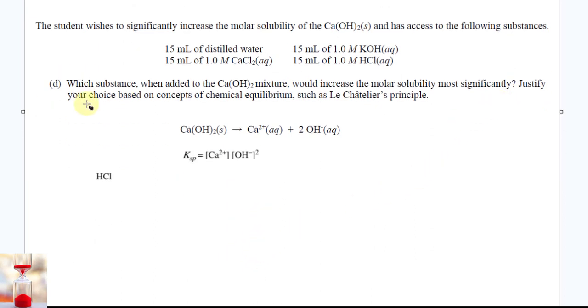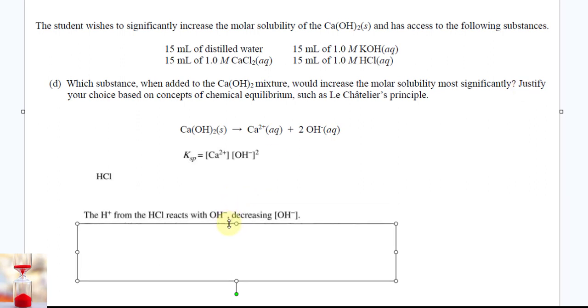This says justify. Why did you pick this? You get 1 point for picking the right thing, and then you get another point for saying why. So you've got to toss that in. There are a number of different ways of doing this, and the heart of the reaction is the HCl reacts with a hydroxide ion, decreasing its concentration.